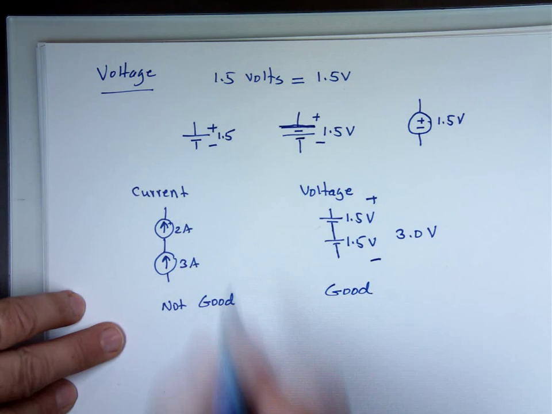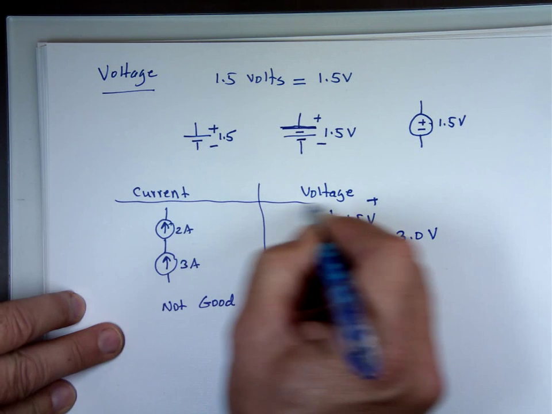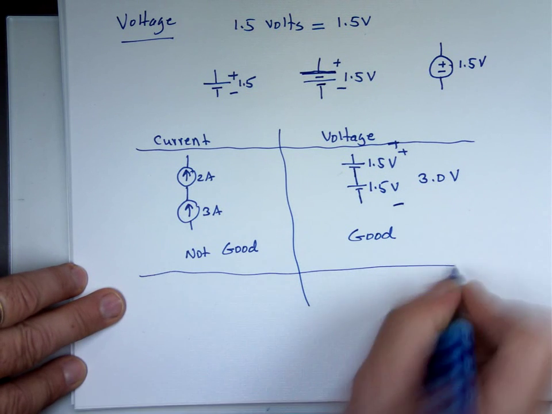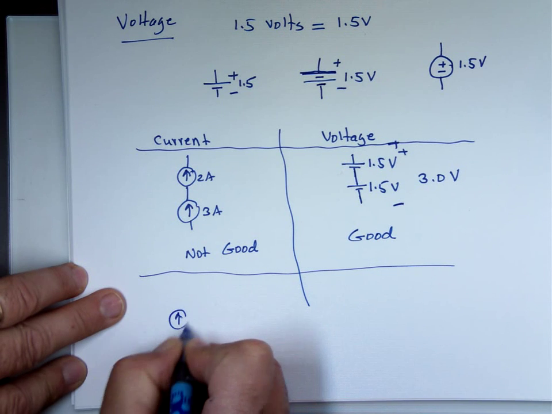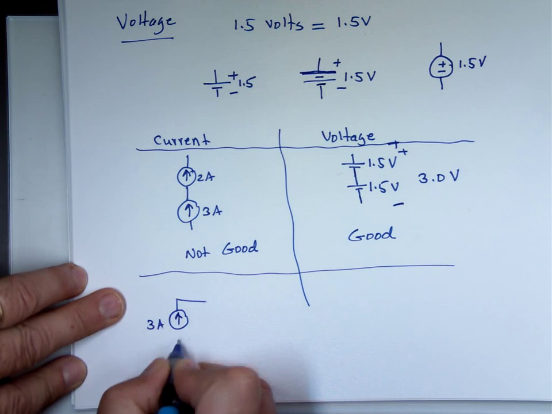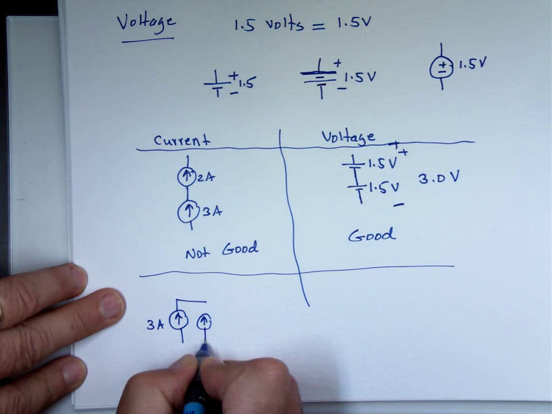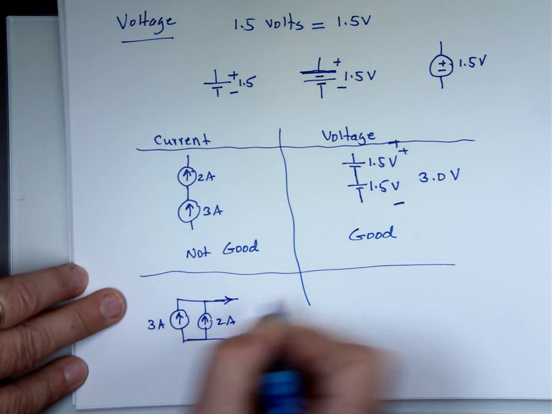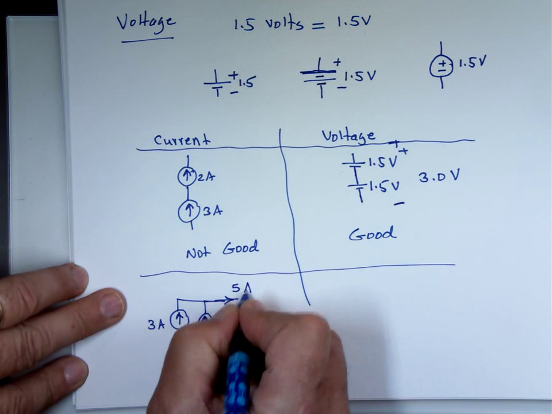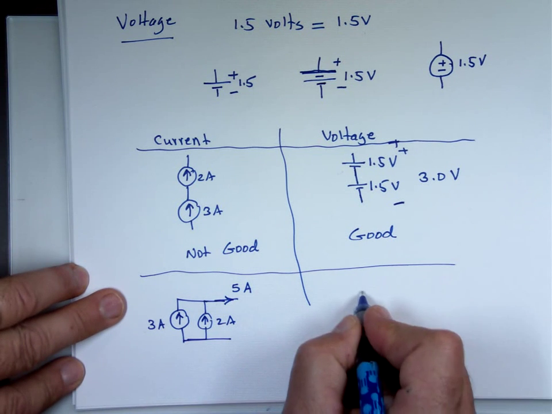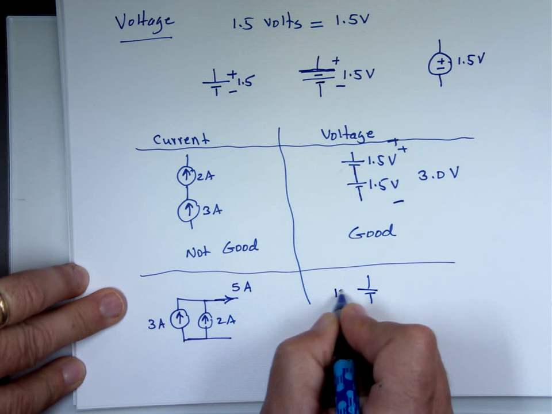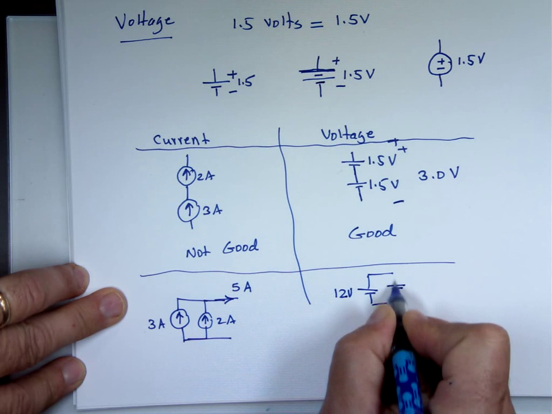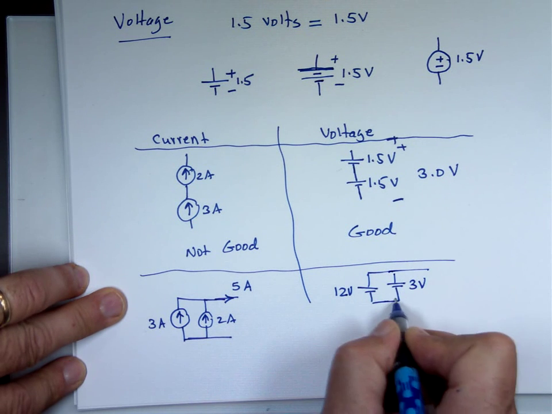I'm doing current versus voltages here. I'll make a chart like this. The other thing with current, we said if I have a 3 amp here, a 2 amp here, you attach them together, what's the result coming out of this? 5 amps. In voltages, if you take a 12 volts here and you attach in parallel to 3 volts, that's not good.